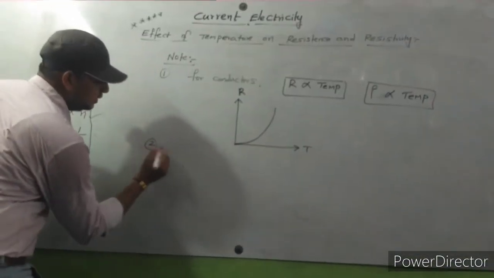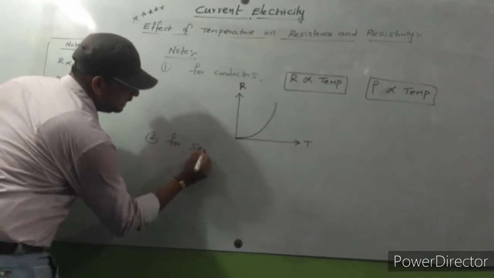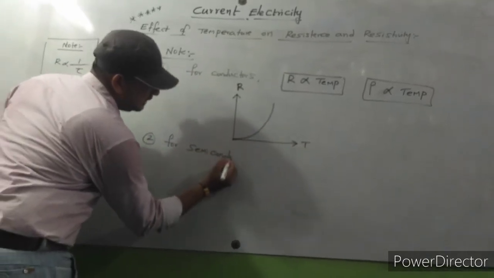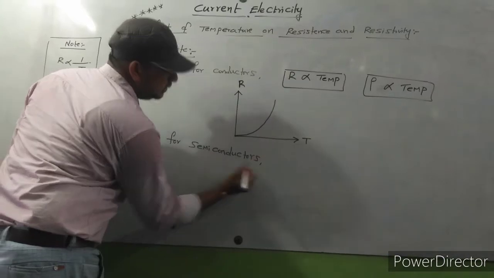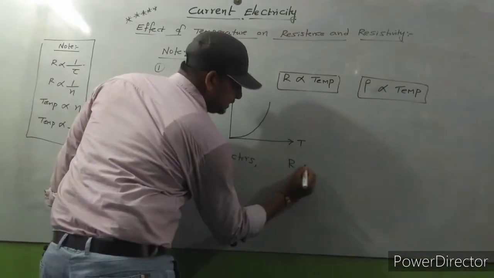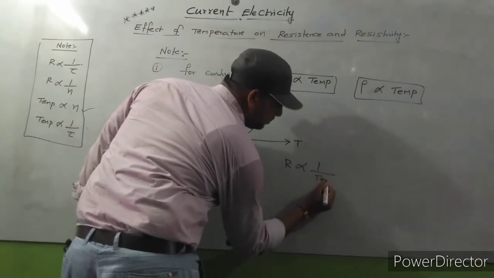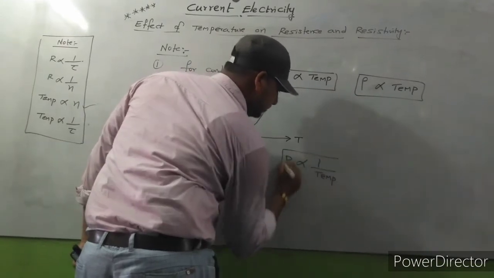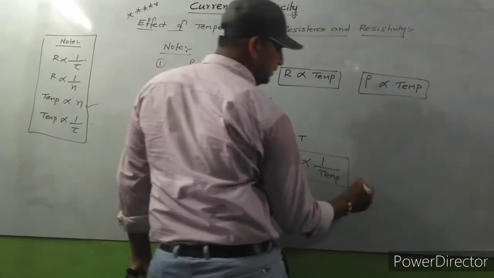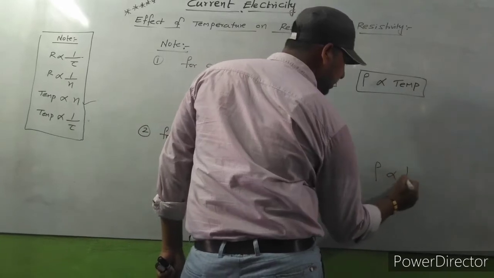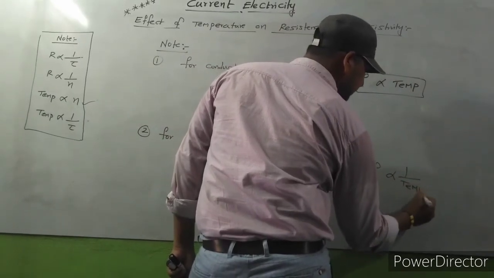Next, for semiconductors, resistance is inversely proportional to temperature, and resistivity is also inversely proportional to temperature.